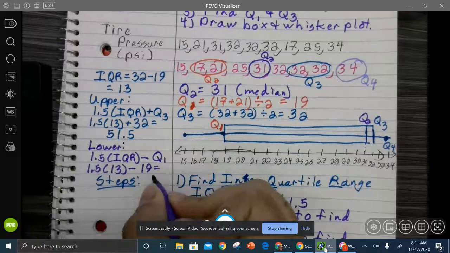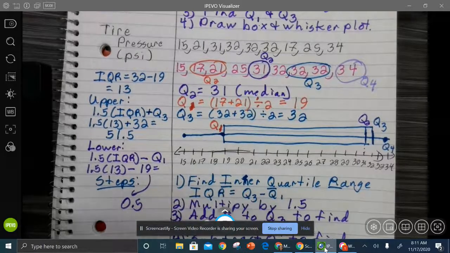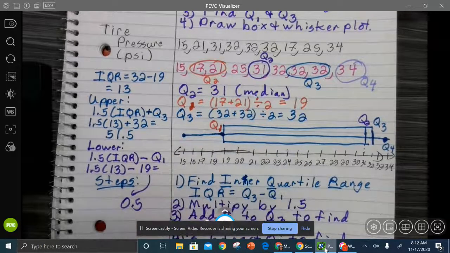I got 0.5. So if any of the data was less than 0.5, it would be considered an outlier. Any values above the upper boundary or below the lower boundary are considered outliers.